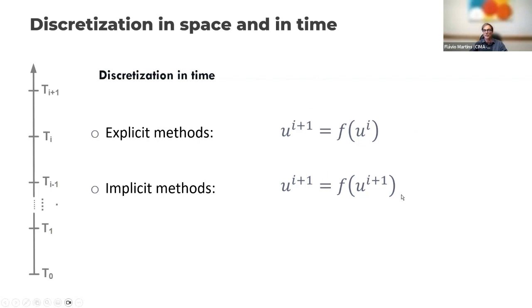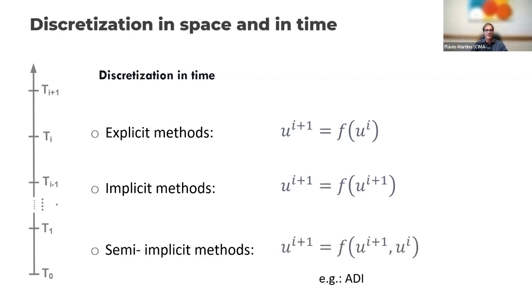I need to solve all the billion points in my grid all at the same time, solving 1 billion by 1 billion equations. So that's why we need the models, the computers. There is a third possibility, which is to compute the new value based on some neighbors in the new time and other neighbors in the old time.